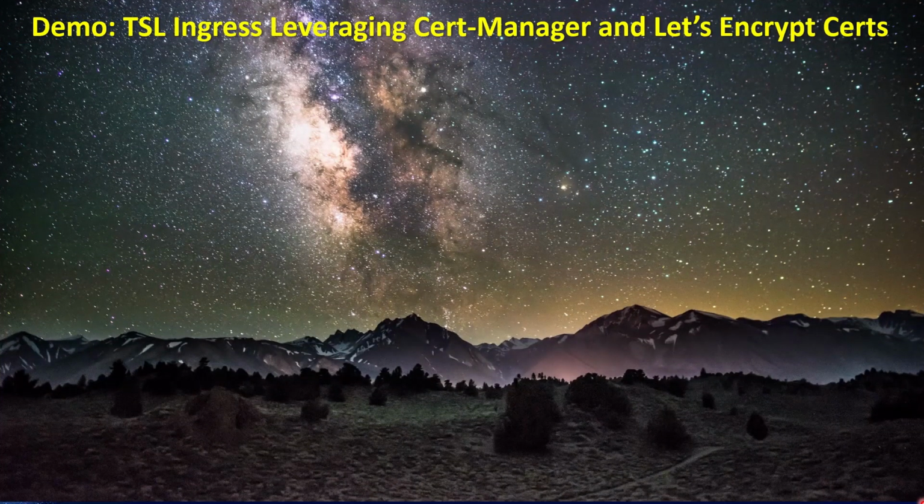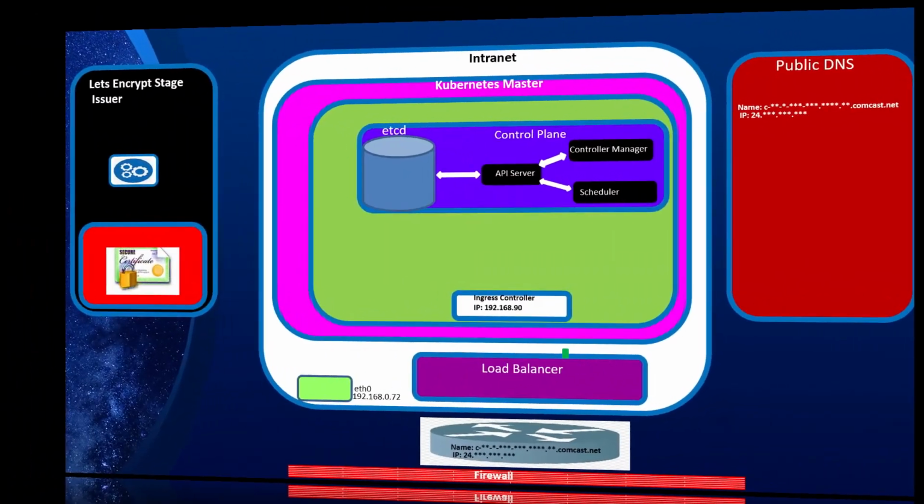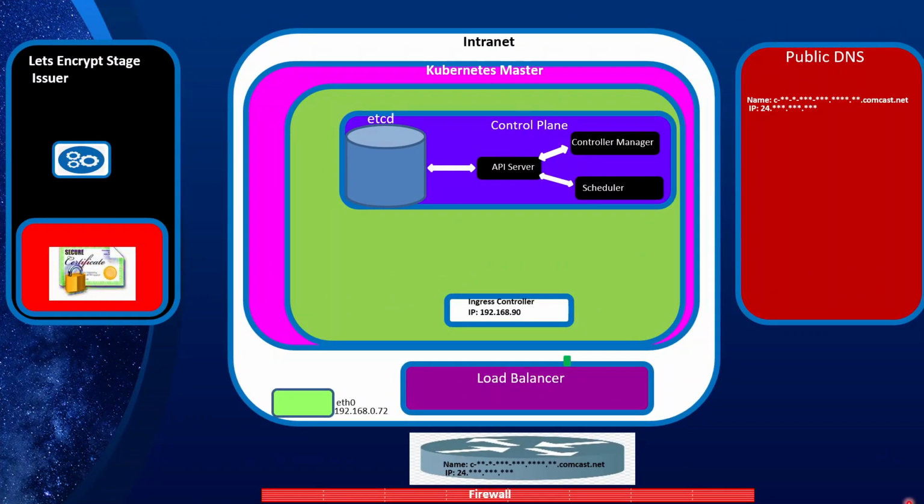In the upcoming demo, we will be creating a TLS Ingress that leverages Cert-Manager and Let's Encrypt certs. Let's walk through my environment first. So I'm showing here my home network as intranet, and there's a router and firewall that sits between my home network and the internet.